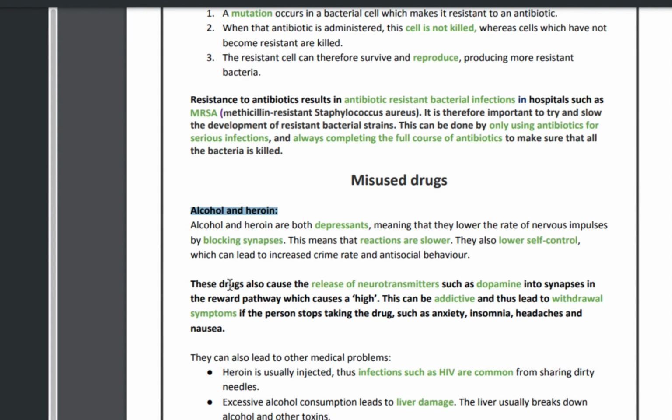Dopamine will be released into your synapse in the reward pathway, which will cause a very high concentration of this dopamine in your system. Now, this can become addictive, and this will lead to the withdrawal symptoms.